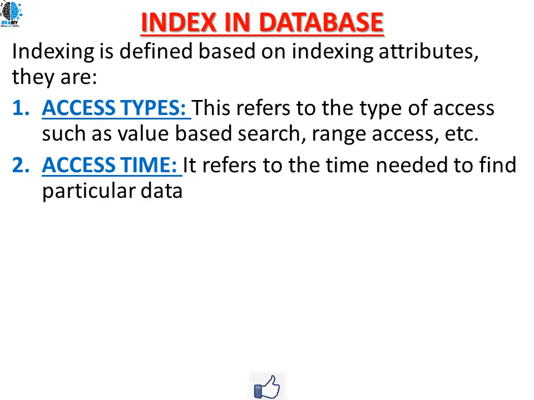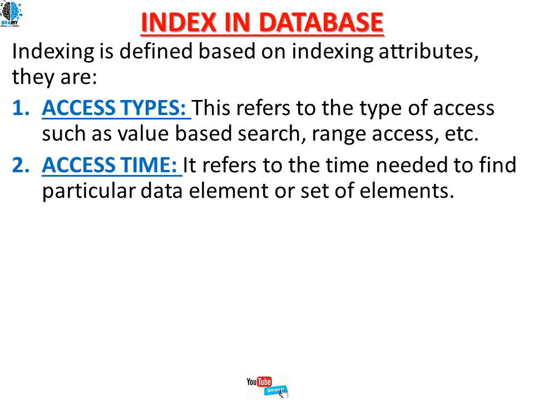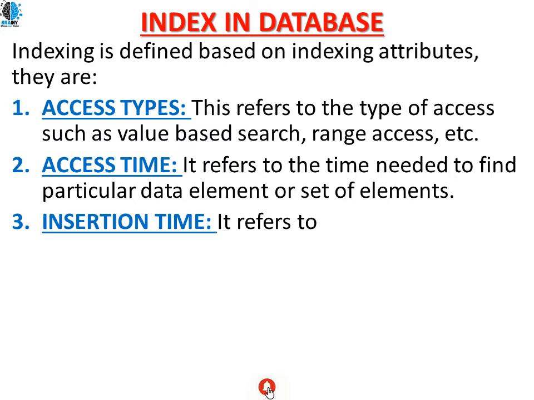It refers to the time needed to find a particular data element or a set of elements. If our search is based on value, so a particular element, how much time will it take. If our search is based on range, we calculate the time based on a set of elements.